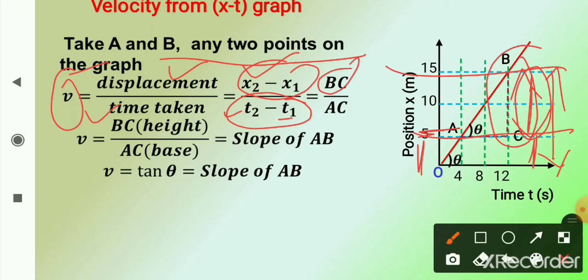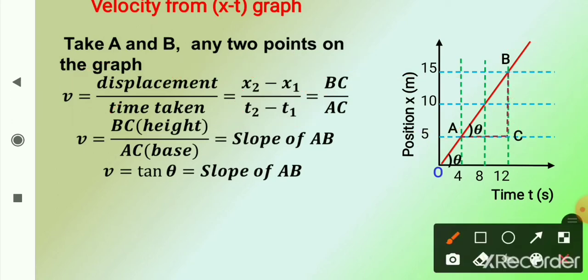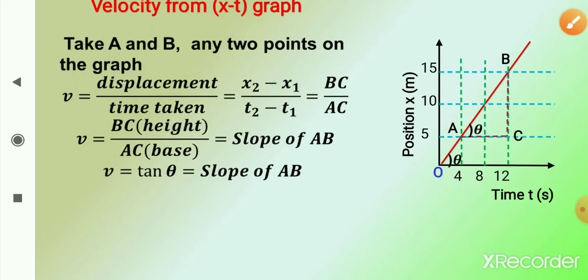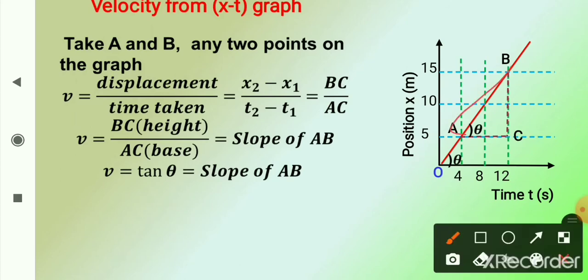So BC is displacement, and AC, the final time is 12, the initial time is 4. So the total time interval is AC, as we can see, right? And for this right triangle that we have taken, BC is height and AC is base, and this is a right triangle.